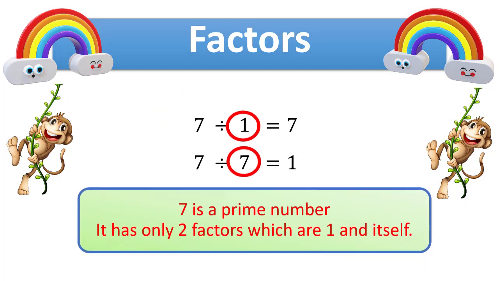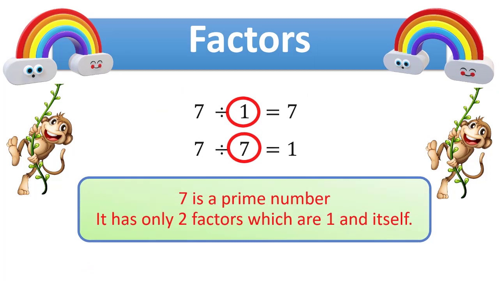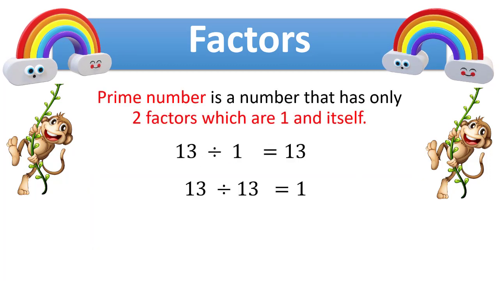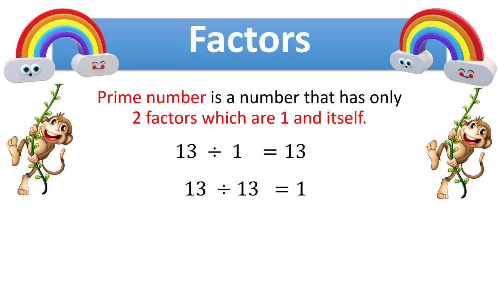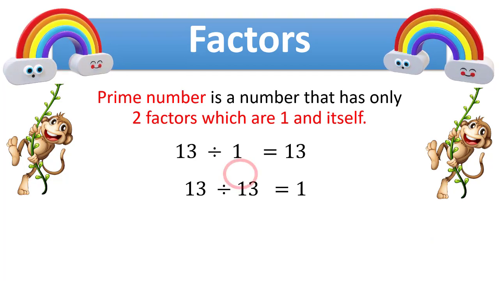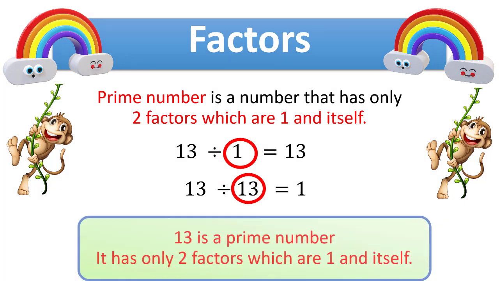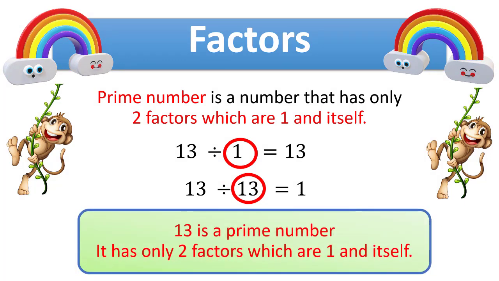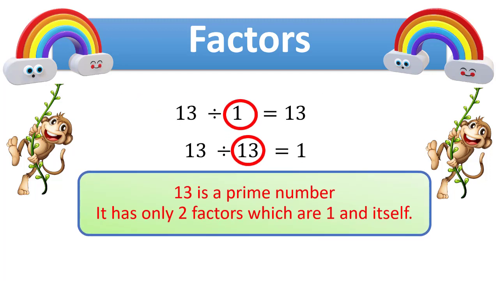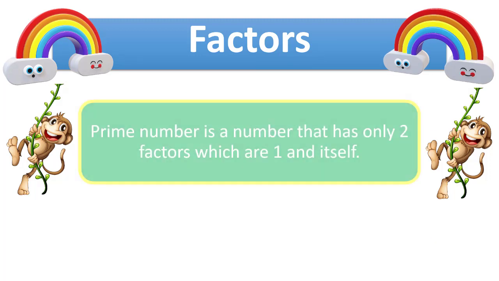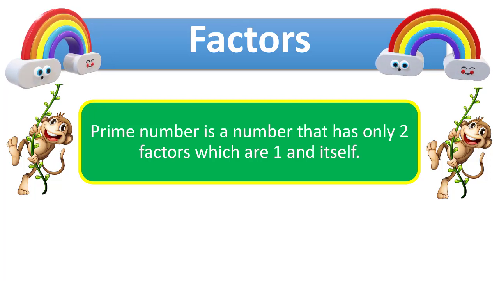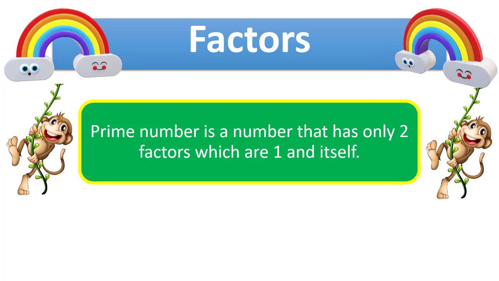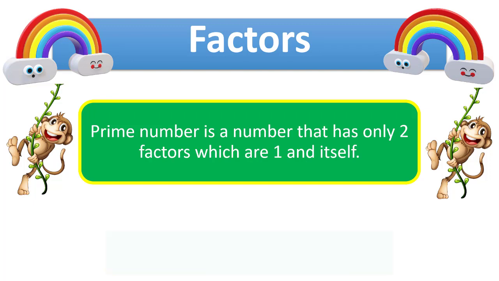Next, look at number 13. So 13 is a prime number because it has only 2 factors, which are 1 and itself. Again, a prime number is a number that has only 2 factors, which are 1 and itself.